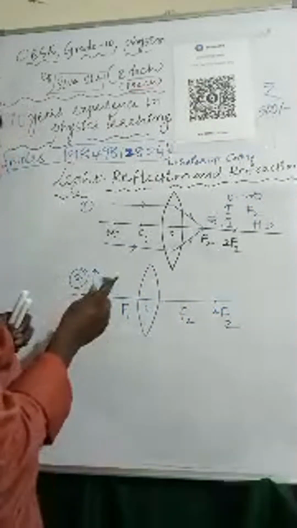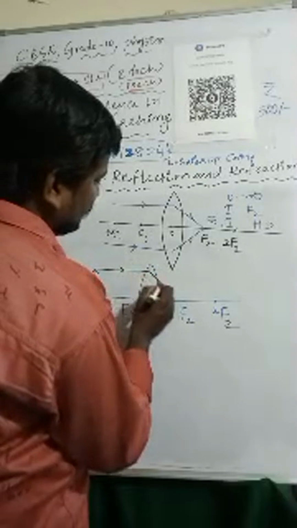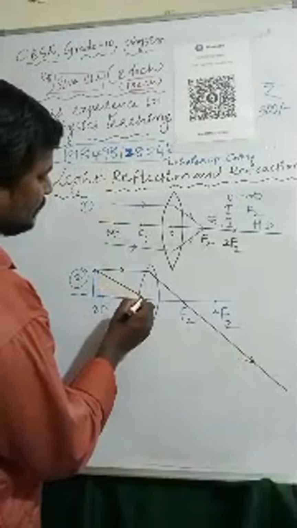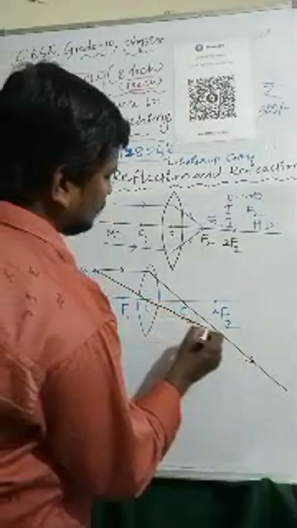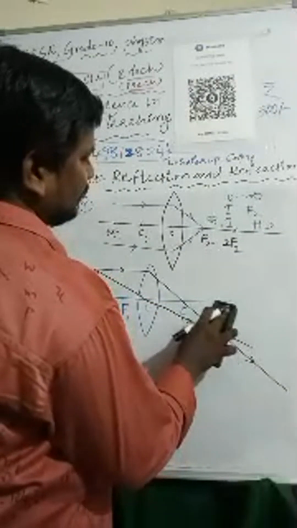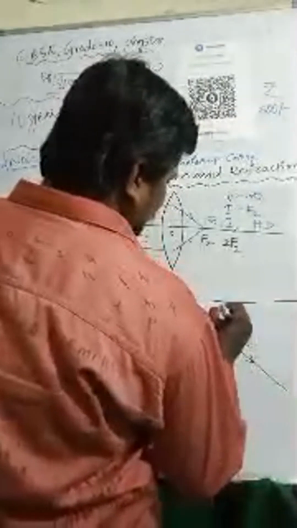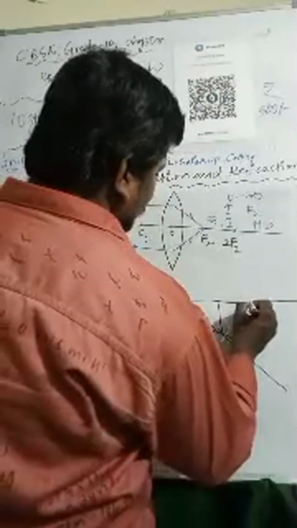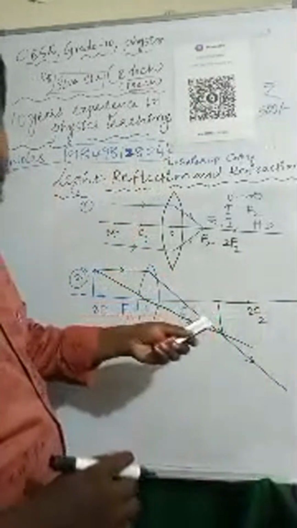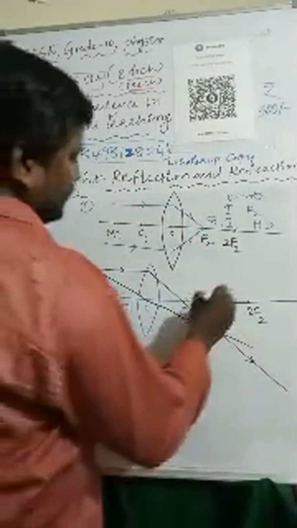One light ray I am taking like this, it passes through the focus like this. Another light ray I am taking like this, so they will meet here. Here I am considering 2F2. So here is the object and here is the image.